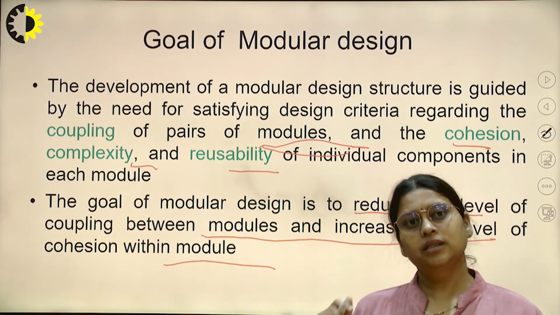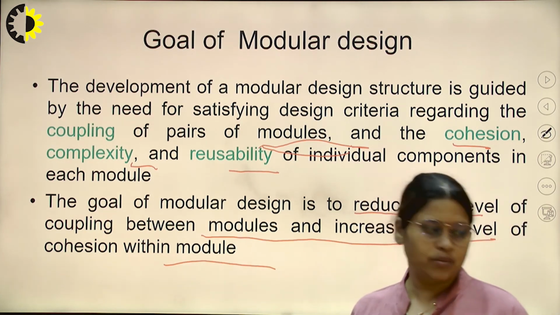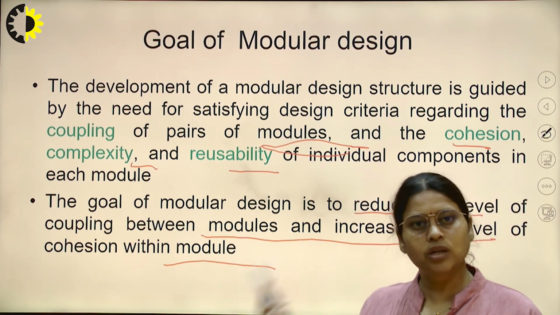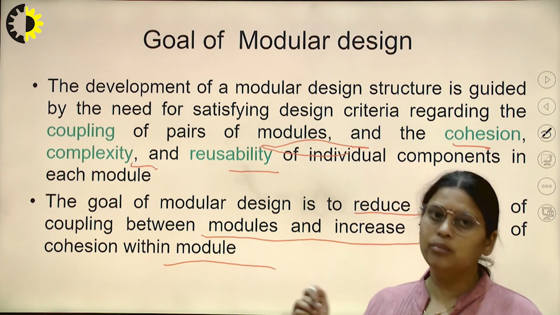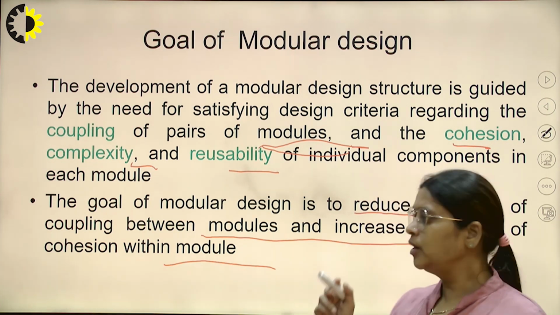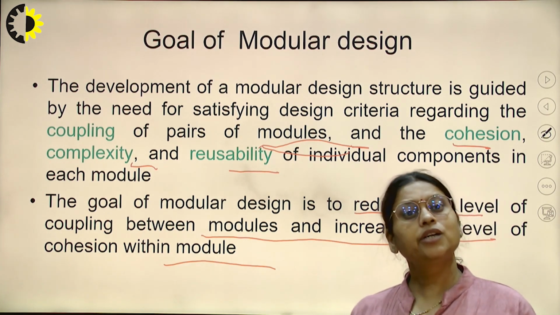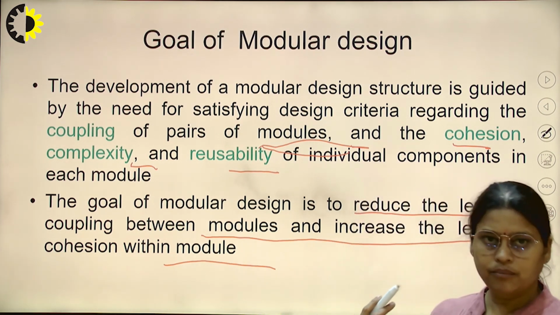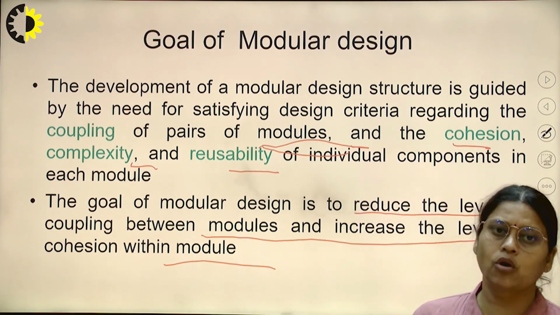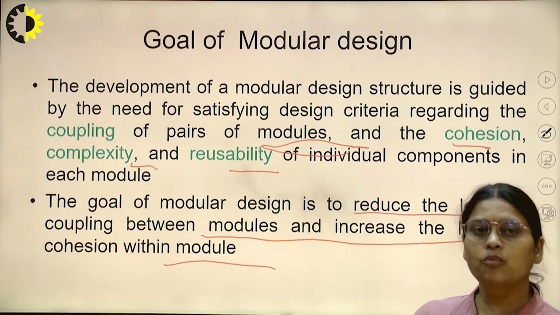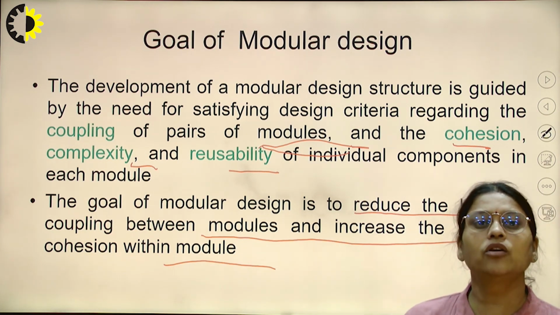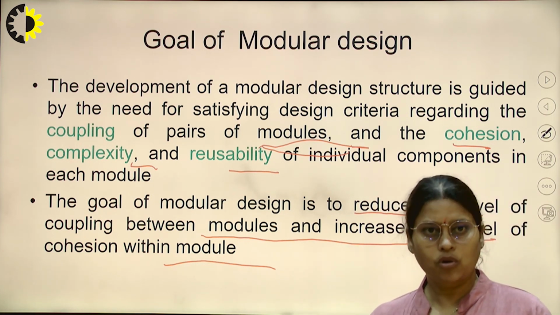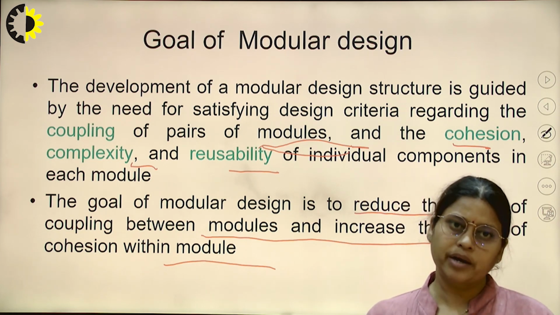So at the time of designing, the dependency between two or more different modules should be minimum, and the dependency within the module should be maximum. Because if the dependency between two different modules is maximum, then if at any time there is a requirement to change one module, we would also have to change another module, because one module is totally dependent on another.